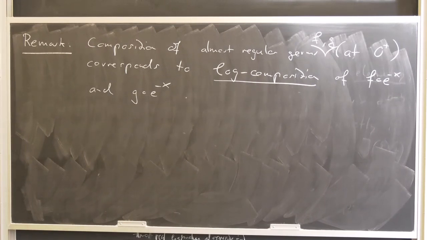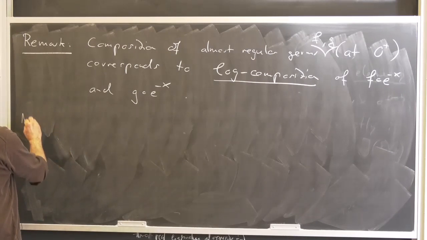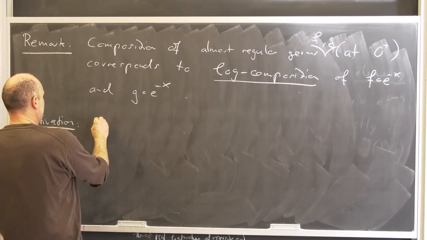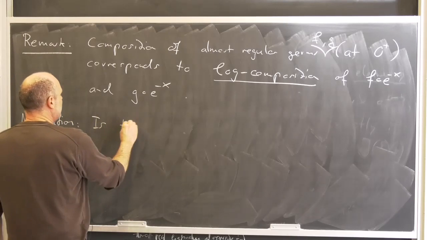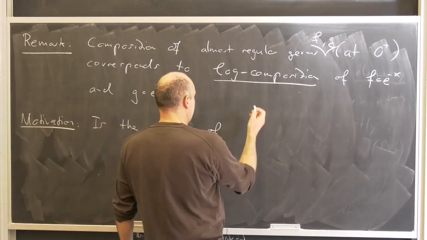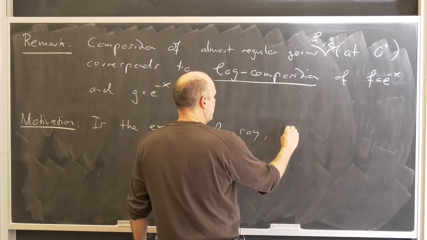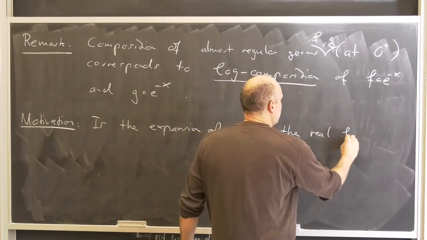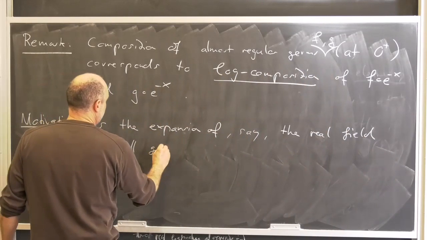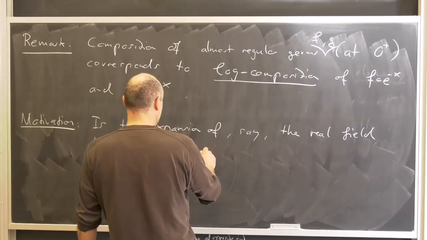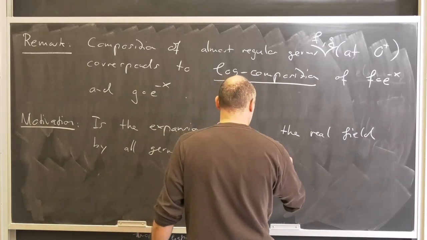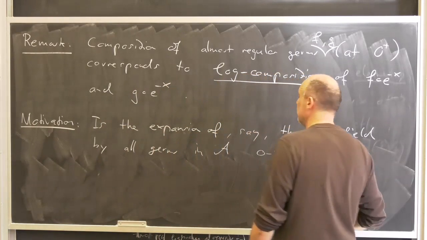Still, the motivation is that I would like to show that the expansion of the real field by all germs, or some representatives thereof, in A, all almost regular germs, is o-minimal. So that's the question that we were asking.